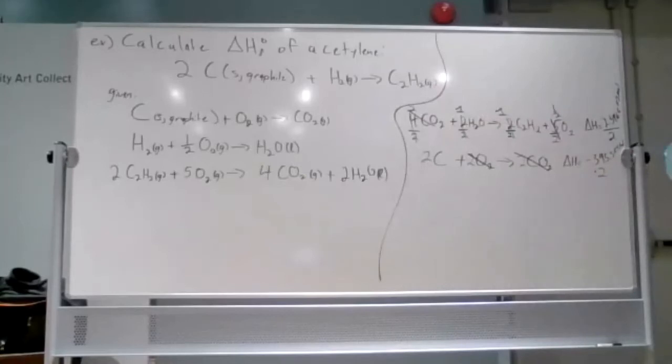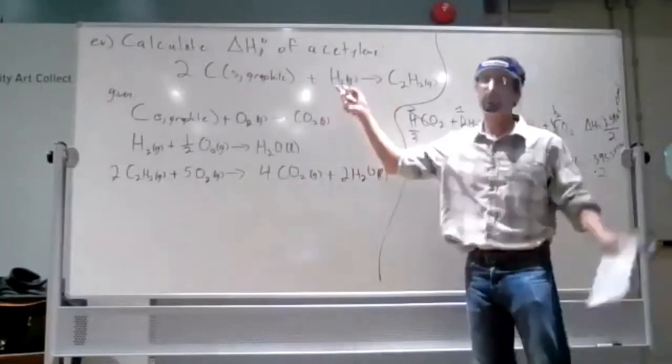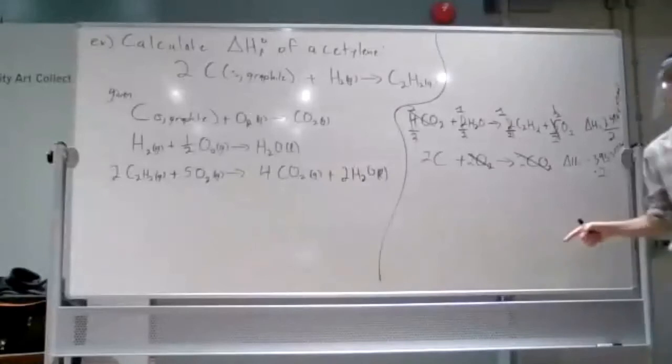Okay. Last step, what are we missing? Out of this given equation, what don't we have yet? Hydrogen gas. Okay, which of the given equations does hydrogen gas appear in? Second one. I wanted to stay away from this one because oxygen was around everywhere, but we don't have any other choice. So do I have to flip that one?